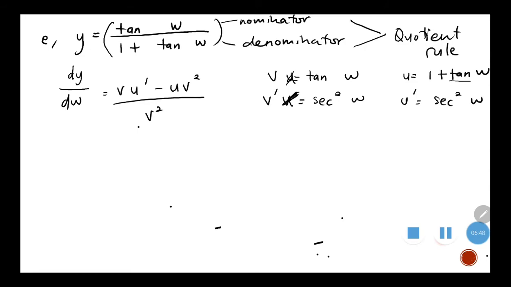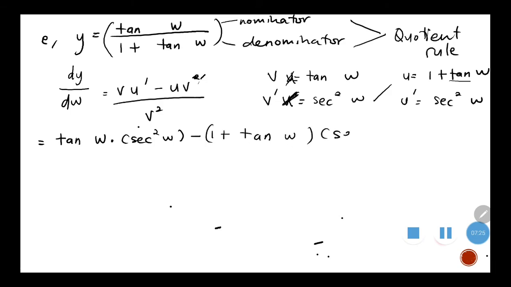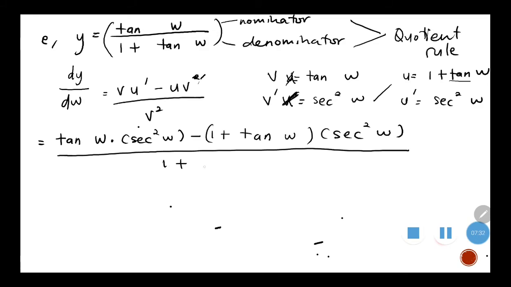Okay, now slot in the equation here. So vu prime is (1 plus tan w) times secant squared w, minus uv prime, tan w times secant squared w, over v squared, which is 1 plus tan w squared.